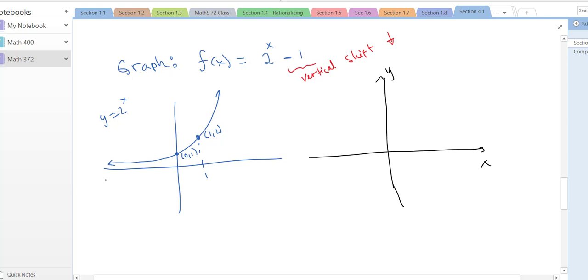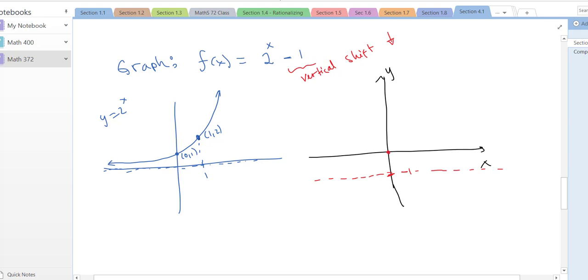Notice that we had a horizontal asymptote at 0. So when we do minus 1, now my horizontal asymptote is going to be at -1, right? 0 minus 1 is -1. We had a y-intercept at 0, 1. So plug in 0 for x, you're going to get 2 to the 0, which is 1, minus 1. It is now 0. So the y-intercept moves down 1.